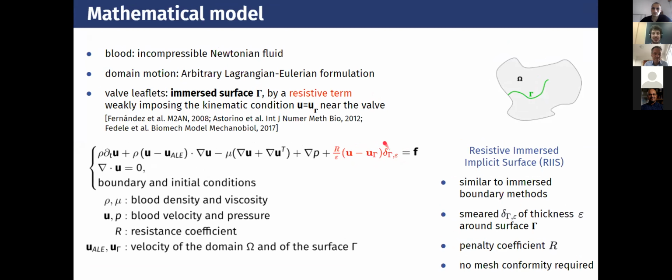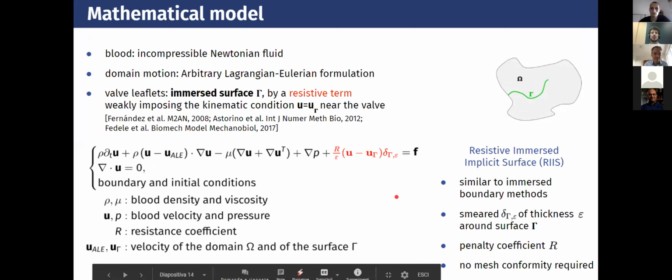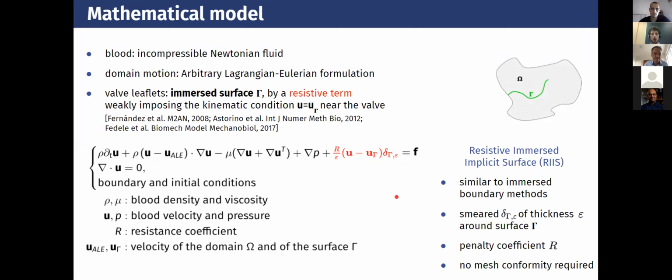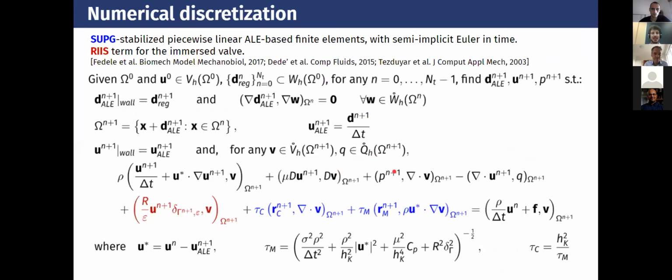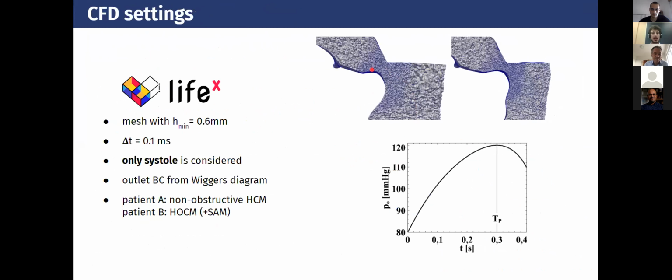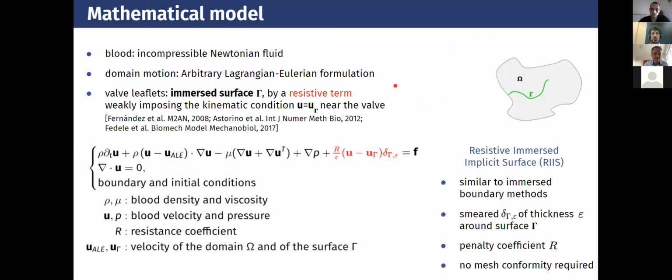Yes, in the sense that the smeared delta needs to span across one or two elements on both sides of the valve, and this is the reason why we refined this region of the domain. But once we have this fineness of the mesh, we don't need any other specific numerical integration method.